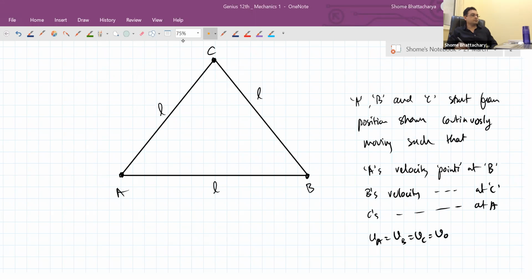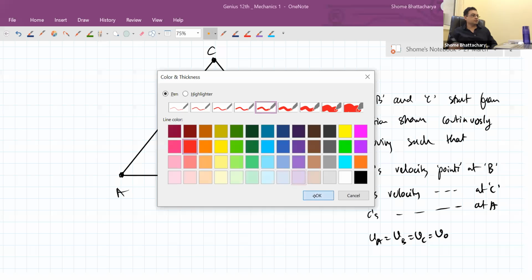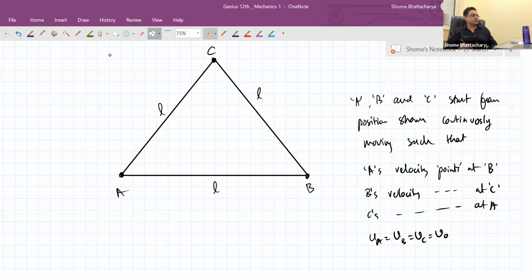Yes, that's kind of a standard problem. I'm sure most of you are familiar with this, so I'll just go through this very quickly once. What is happening at t equal to 0? The velocity vectors will look like this. This is the situation at t equal to 0.